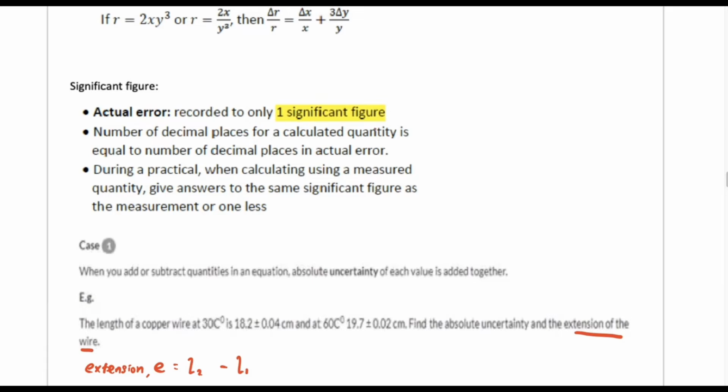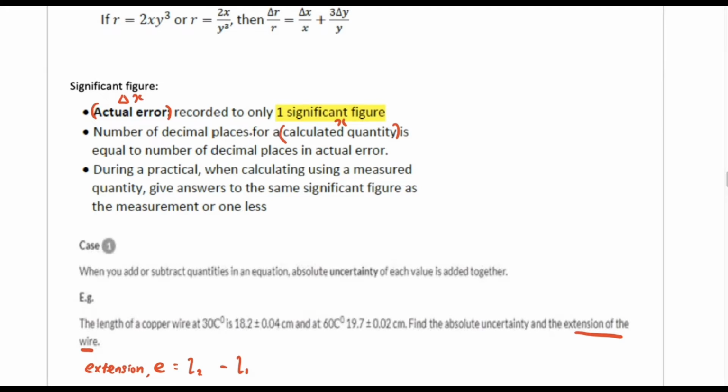Calculated quantity means the x. You know, we have x and delta x. So the x, the calculated quantity, is the x. The actual error here is the delta x. Delta x, one significant figure.